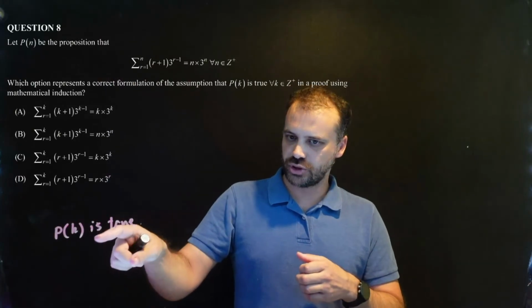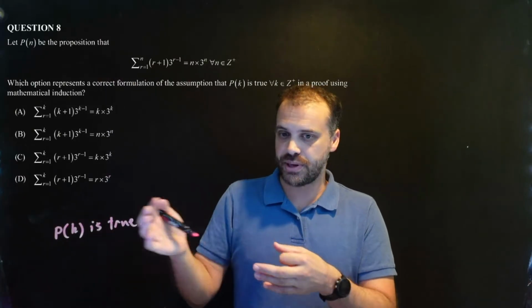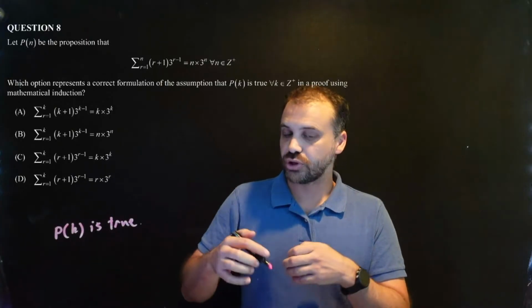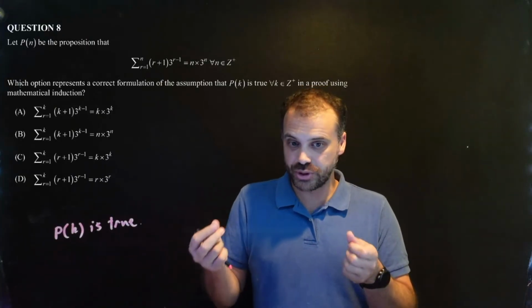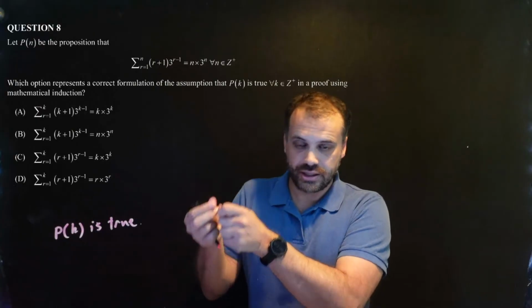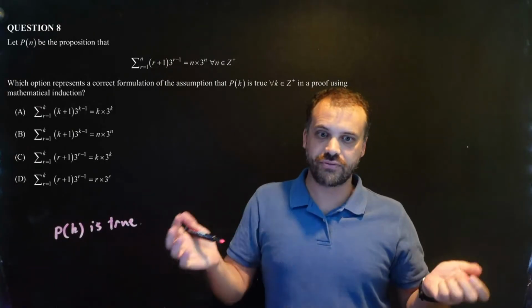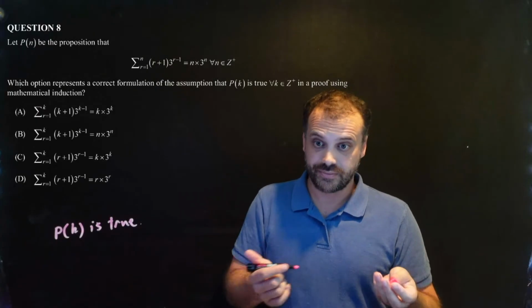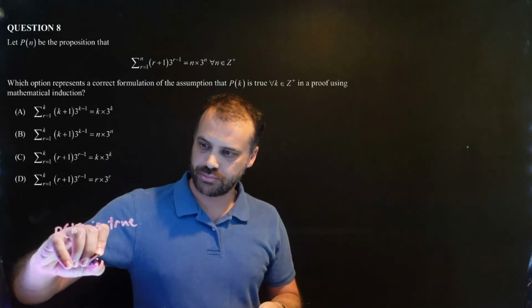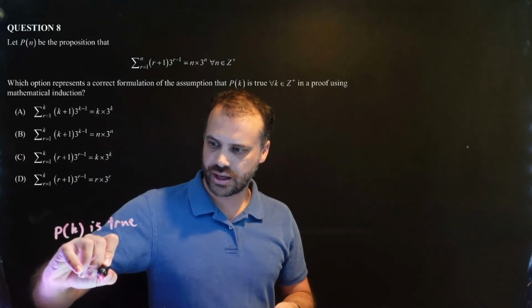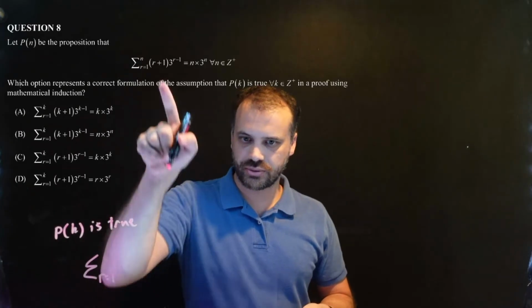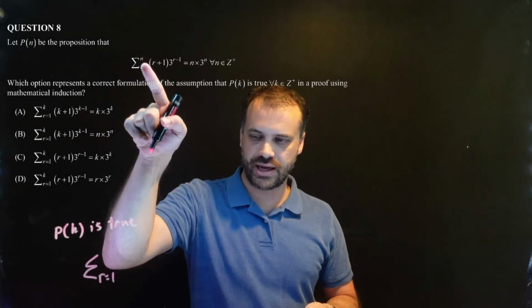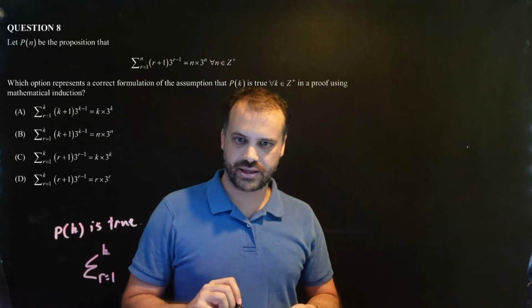Now, when we're trying to assume that PK is true, all we're doing is putting K into our equation wherever we see the letter N. That's it. So, r equals 1. Now, we can see there's the letter N there, so I've got to put K there.